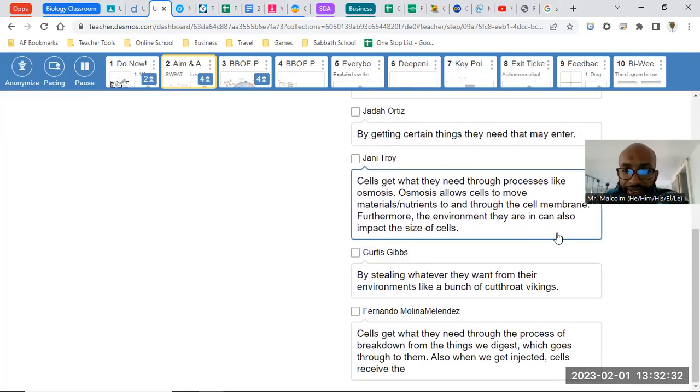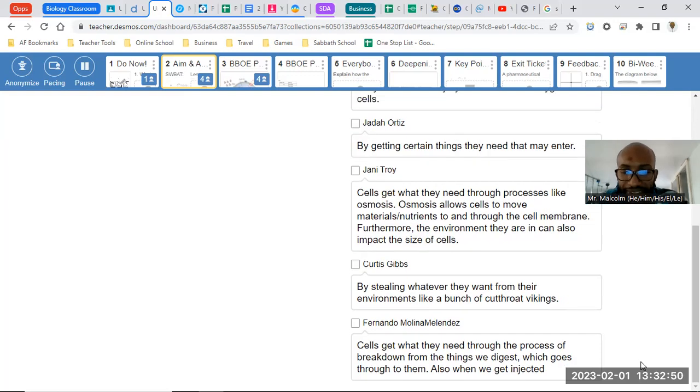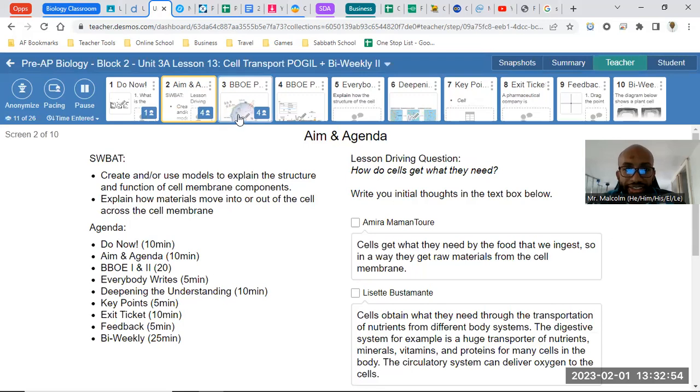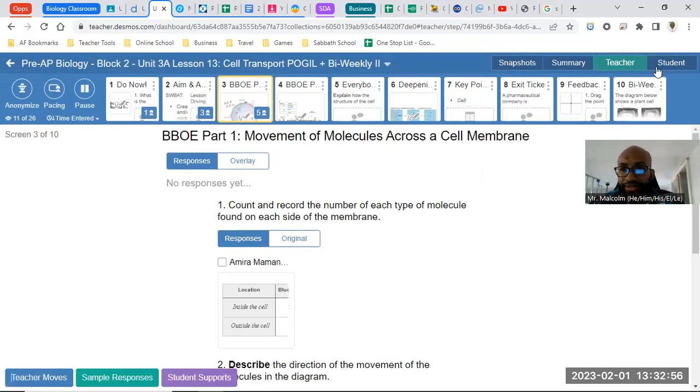Yes, there we go. Cutthroat Vikings. I like that even better. Not necessarily what we're talking about, but I like the Cutthroat Vikings for sure. All right, digestion, okay.